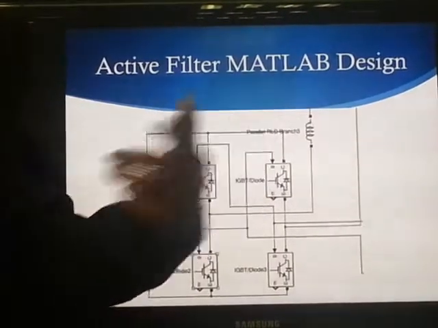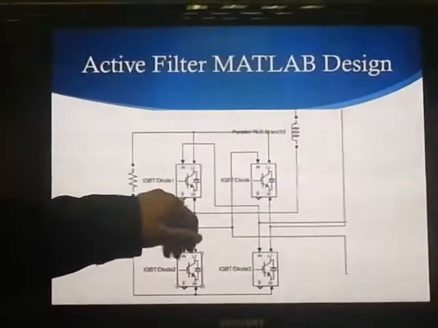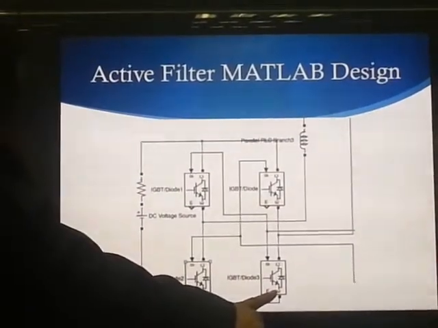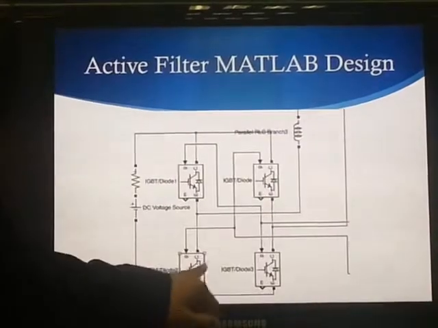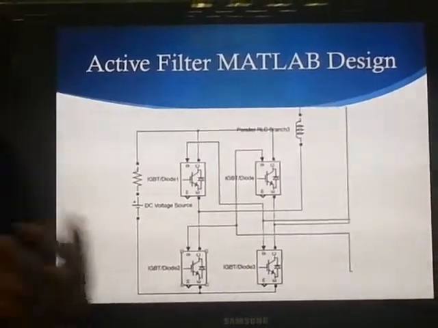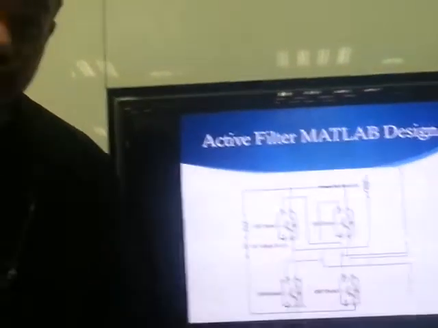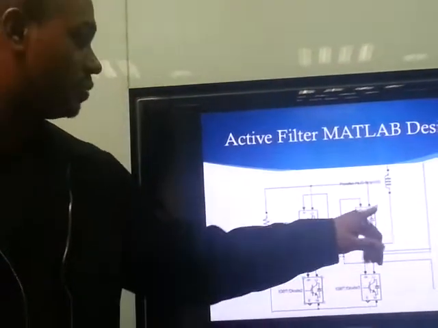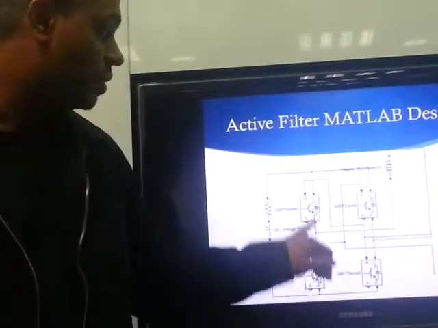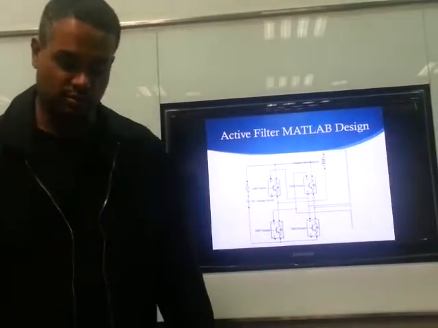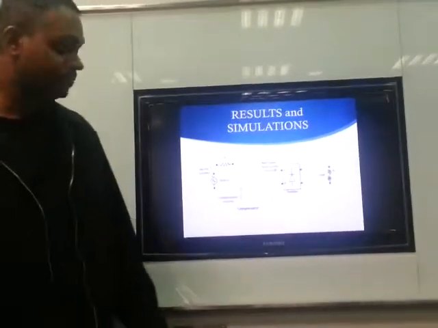So when it outputs 1, that will mean diodes 1 and 2 are on, where these 2 are off. When it outputs 0, it goes through a NOT gate, which means the output is 1, causing this to be on and this to be off. That's how the hysteresis control method works.